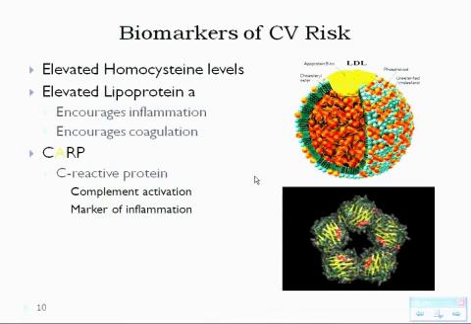And the newer test is called CRP, or C-reactive protein. The book calls it C-reactive protein. If you go to the hospital here, they call it CRP. What it basically indicates is a complement cascade byproduct, so it indicates that complement activation has taken place, and it's a marker of inflammation.